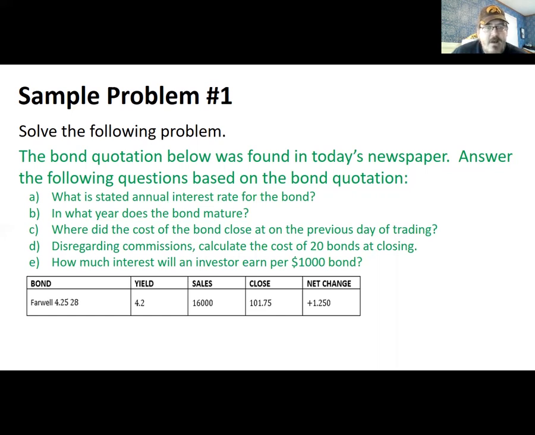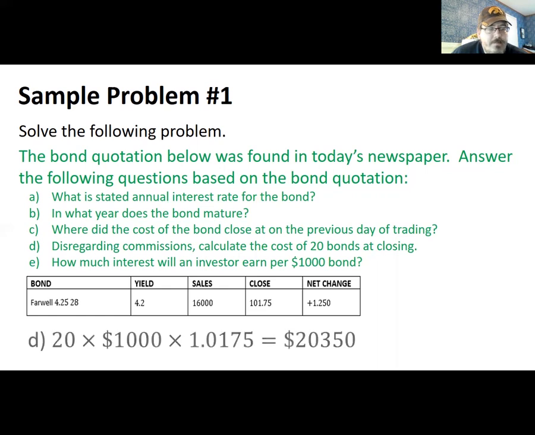Okay, so right now, because the closing price is at 101.75, rather than the 20 bonds costing you $20,000, it's going to be a little bit more expensive because the price is up. All right, so what you do to complete this calculation, number one, is you're going to multiply the 20 bonds times $1,000 per bond, and then make sure you convert that closing cost value by moving the decimal point over 2 spaces.